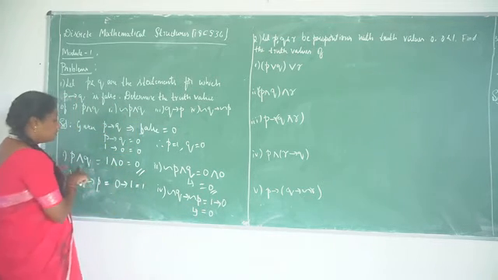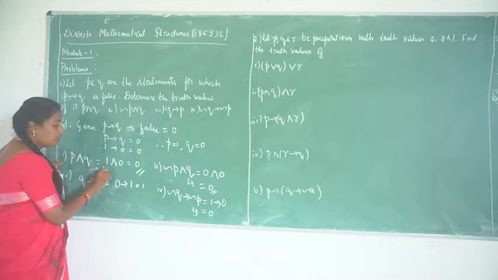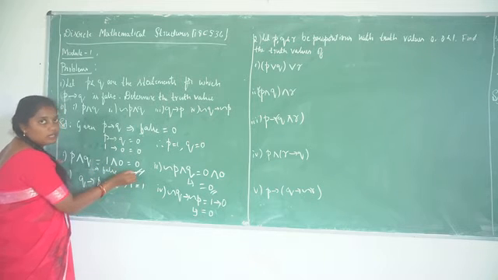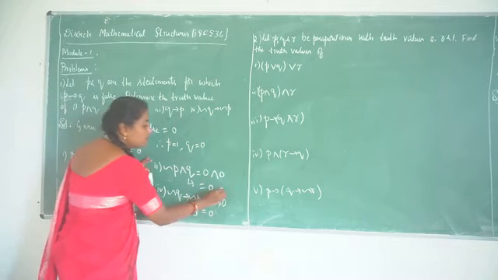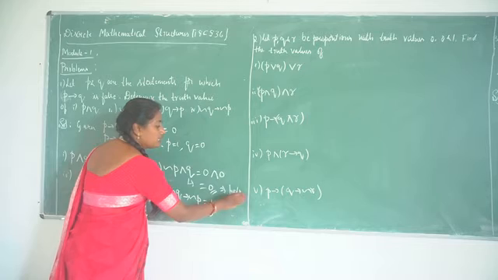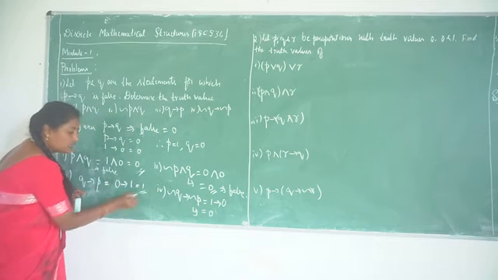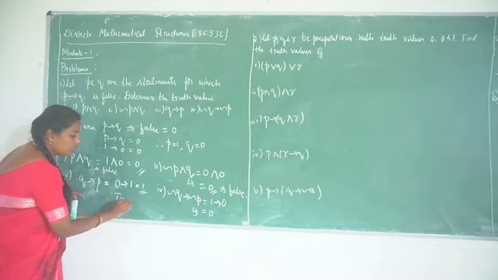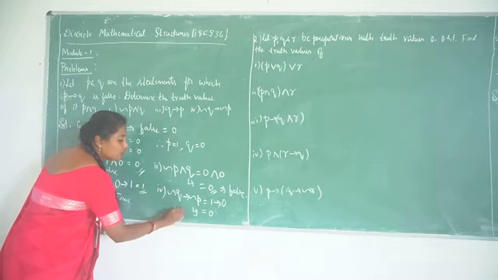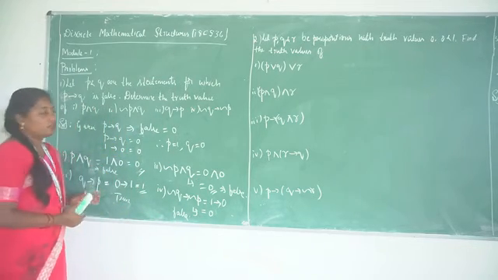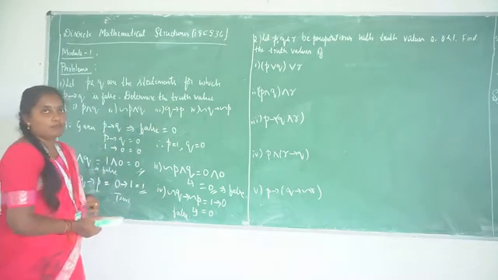So the first statement is false because it is 0. The second one is also false. The third one is 1, so it is a true statement. The fourth one is also false. So these are the truth values of the given compound propositions.